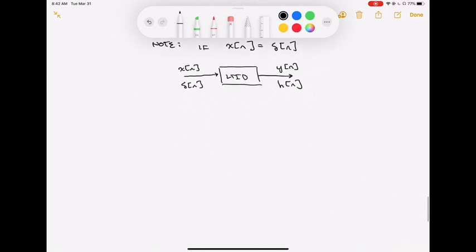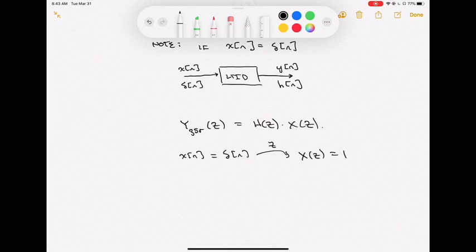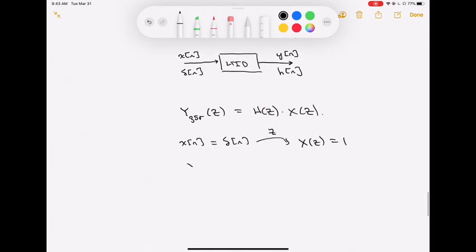Well, how does this work in our transform domain expression that we just saw? We saw that the zero state response's z transform was equal to H of z times X of z. Let's look at this case again when x of n is equal to delta n. If I z transform that, the z transform of a delta function is really simple, right? X of z just becomes 1. And then that tells us that our output, the zero state response, is just H of z times 1, which is H of z.